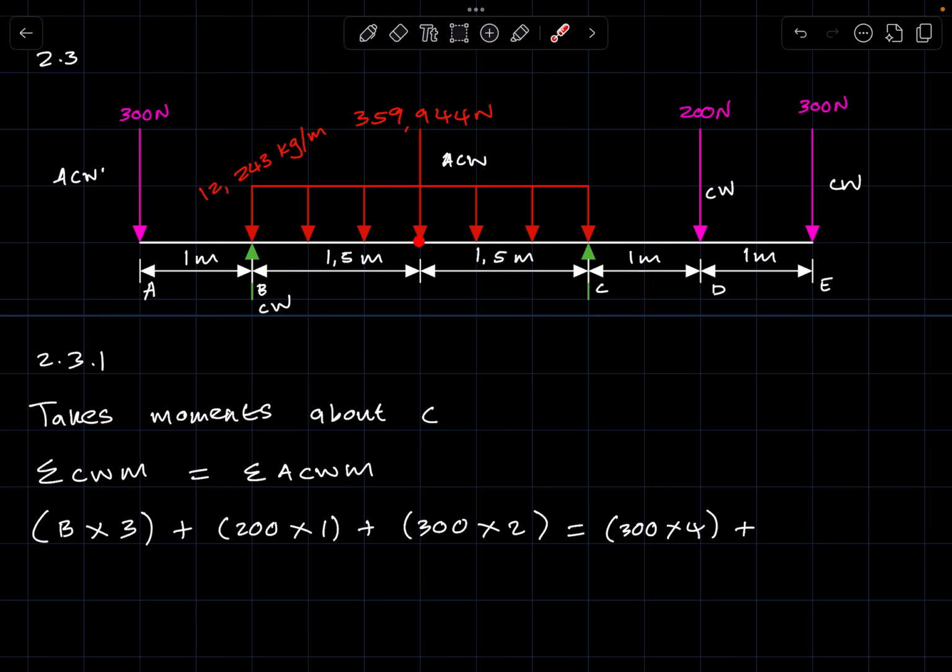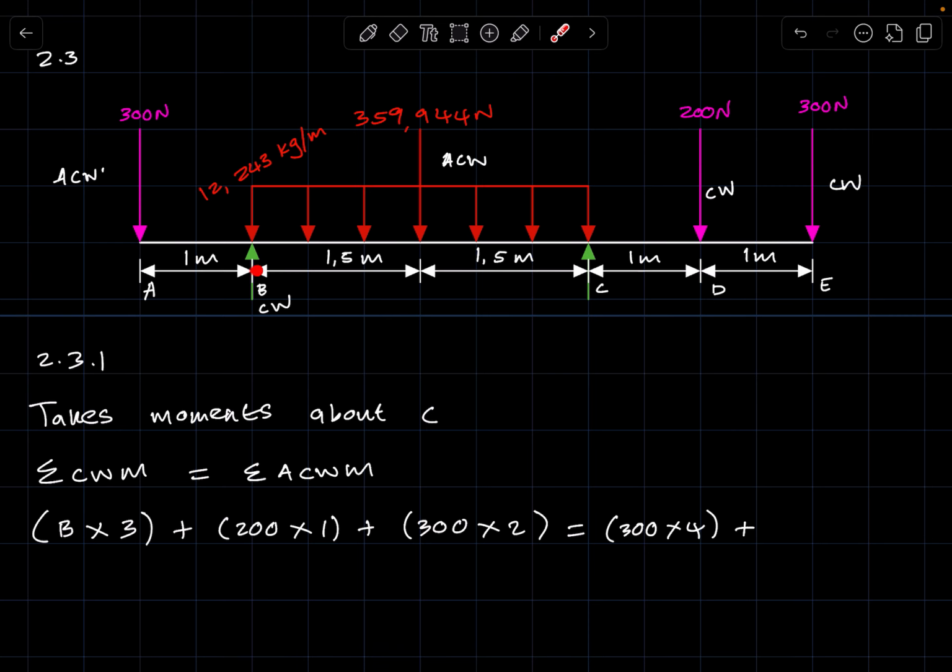So the 359,944 times this distance, which is 1,5. Now this is why I say you need to redraw your beam, so you can rework out the distances from the forces, from the weight component.